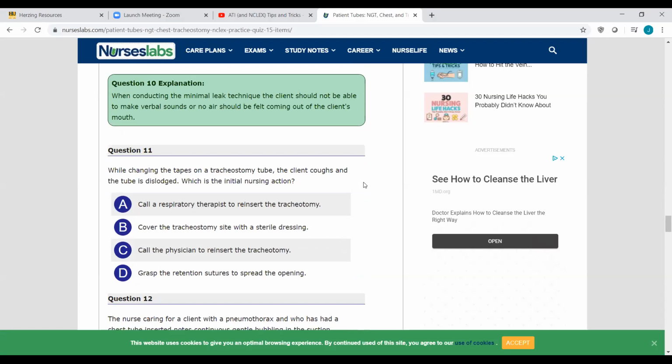What is your initial action? What should you do? I don't know.